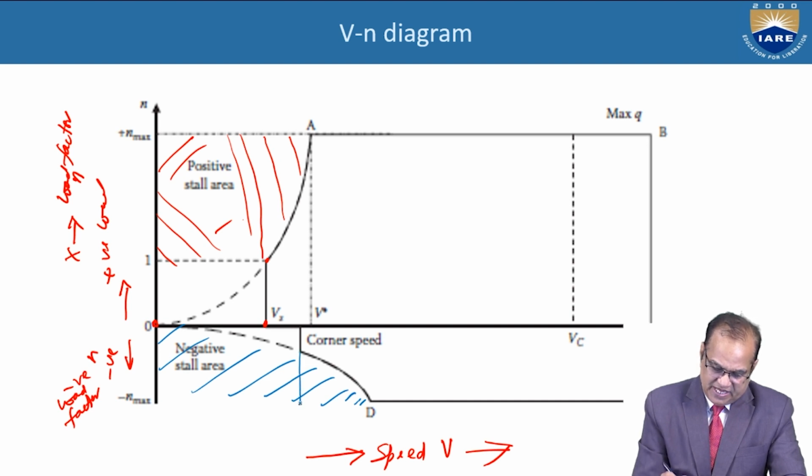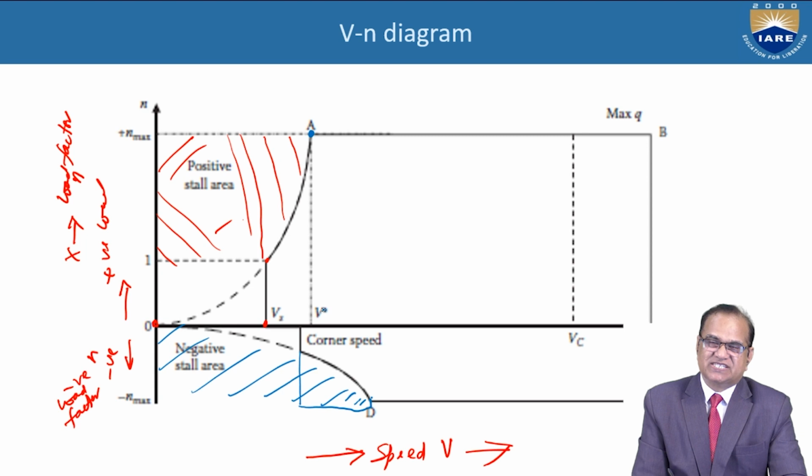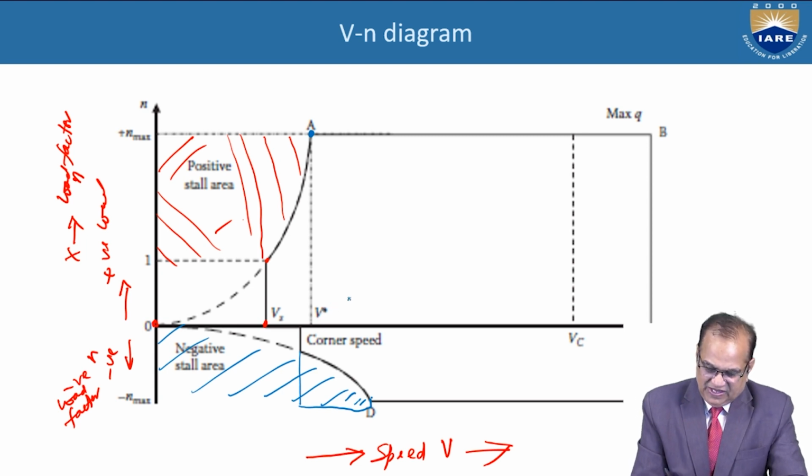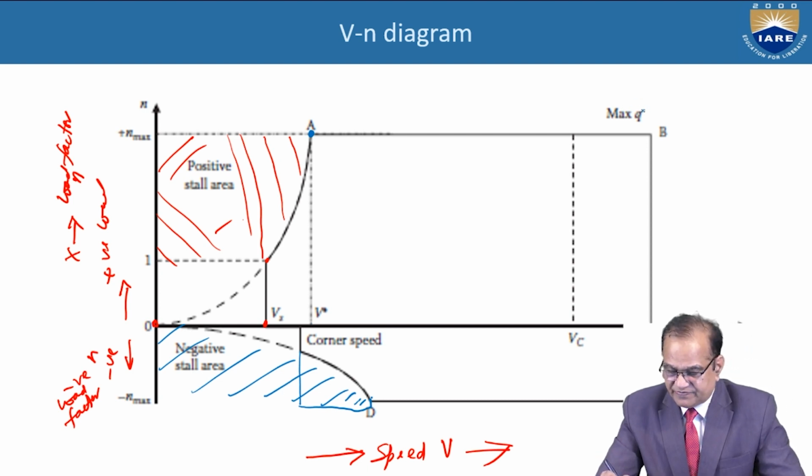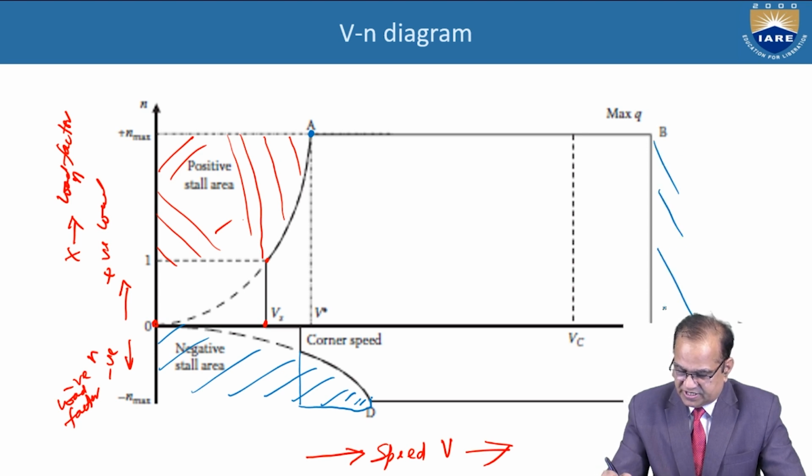And this is your corner velocity V star. I have discussed this in my previous class: this is the corner velocity. Here is the maximum dynamic pressure. This zone is maximum Q or dynamic pressure.